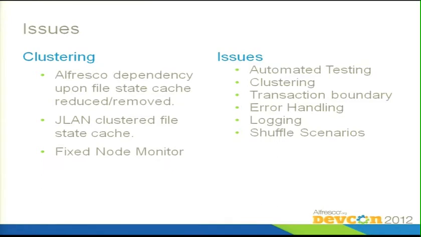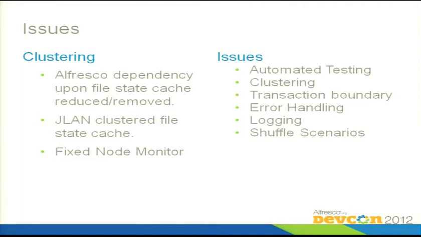The second thing was clustering. There were a number of things. The first was that JLAN's locks, the update, the session information has been clustered, and the mechanism for doing that is Hazelcast.